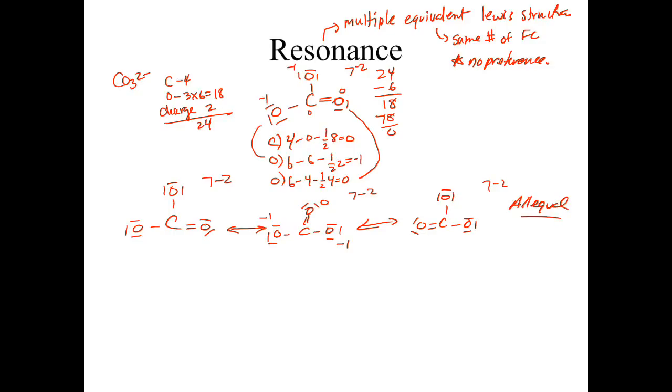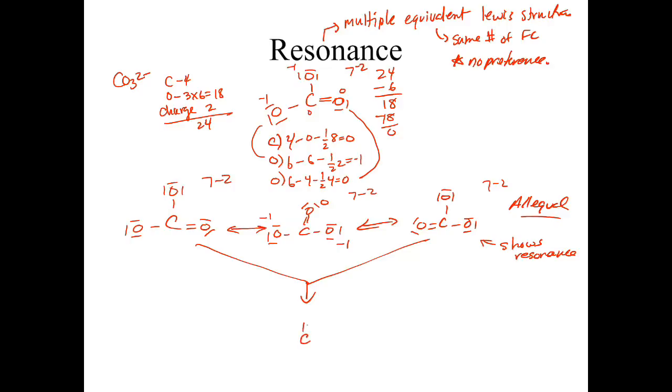So when you're drawing resonance structures, if we ask you to denote that there's resonance, this is one way of doing it. You show the 3 different resonance structures, and you use these double arrows to denote that they can go back and forth. So what actually happens in this case is you don't actually have 3 different Lewis structures. You actually just have one.